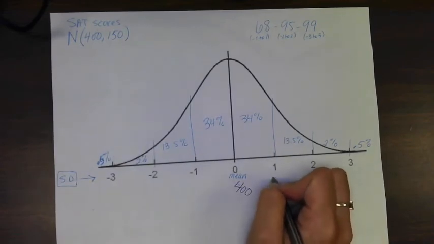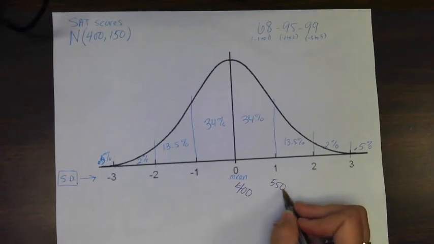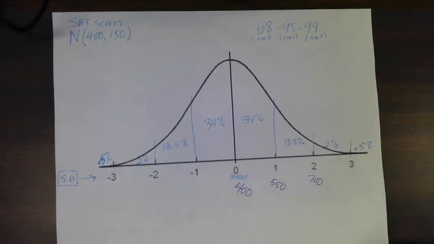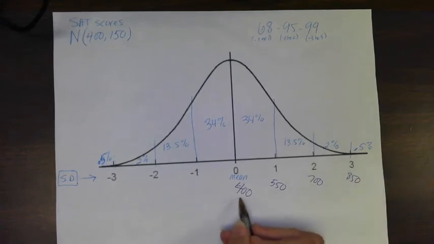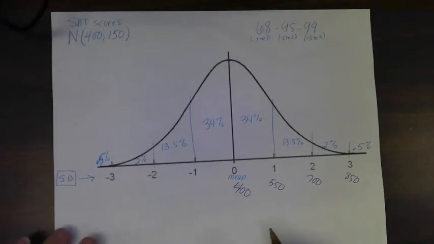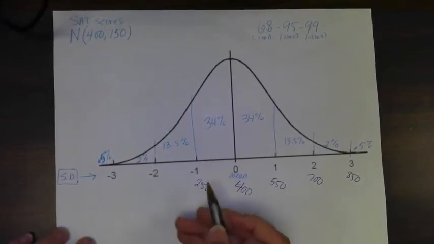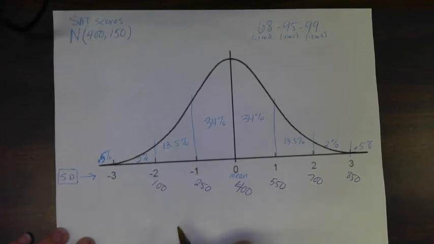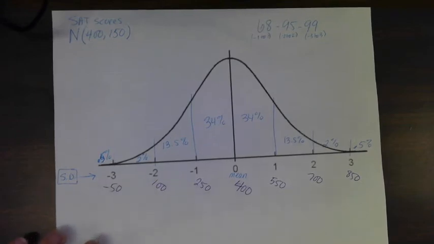So this would be 550. I added 150 to 400. If I add another 150, I get 700. If I add another, I get 850. And if I go the other way, I'm going to subtract off 150, subtract off another 150, you get 100, and subtract off another 150, and you're going to get -50.